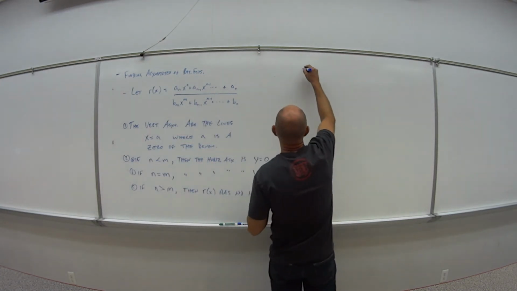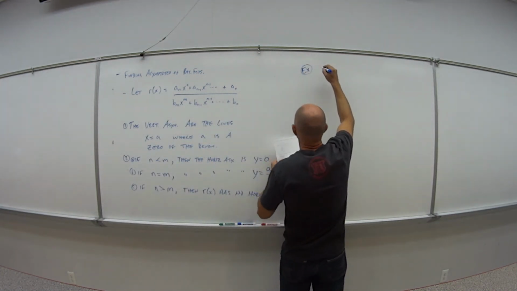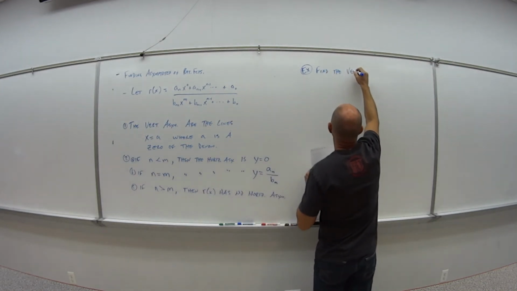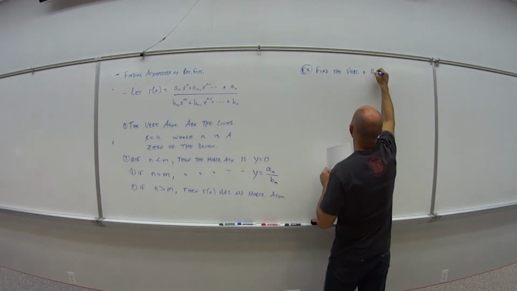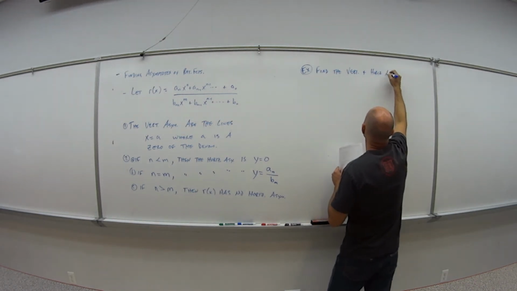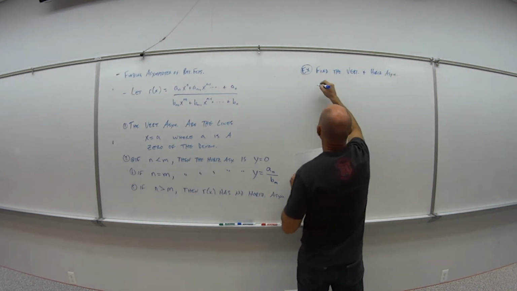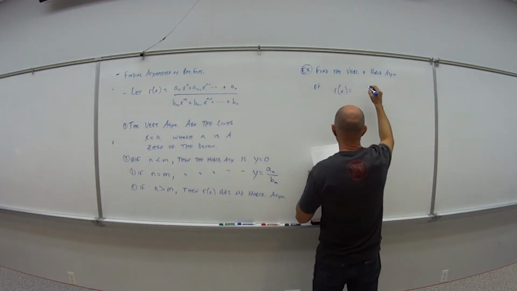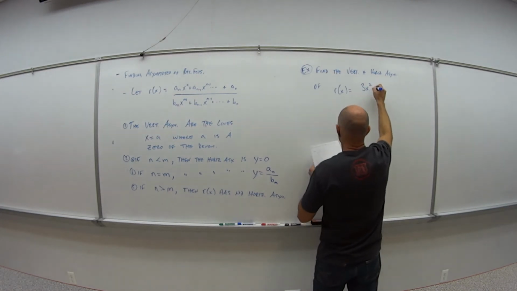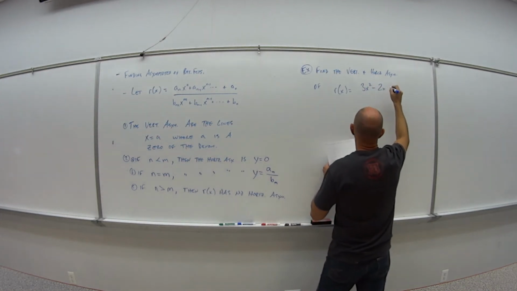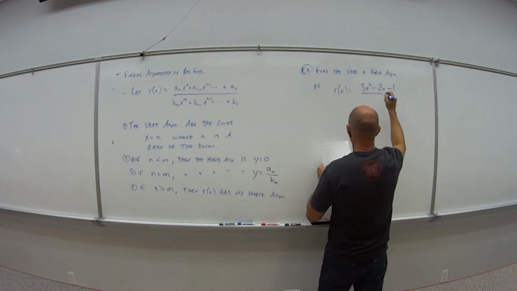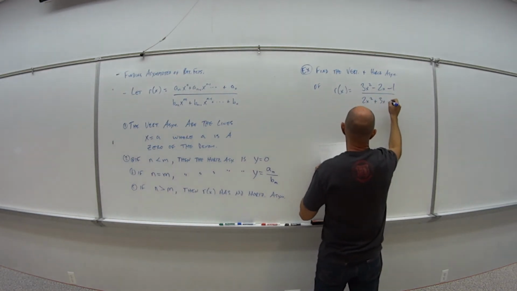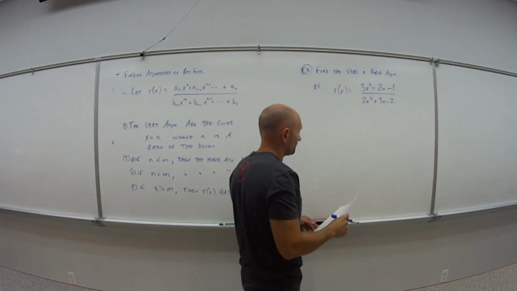So let's look at an example. Let's find the vertical and horizontal asymptotes of r of x is equal to 3x squared minus 2x minus 1 all over 2x squared plus 3x minus 2.